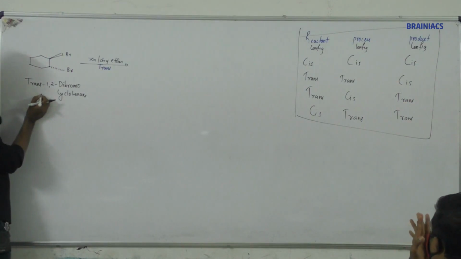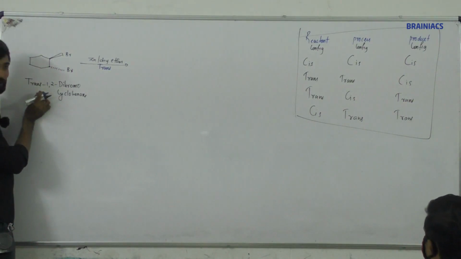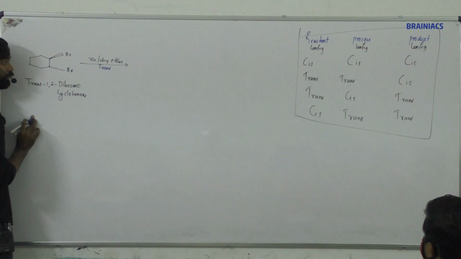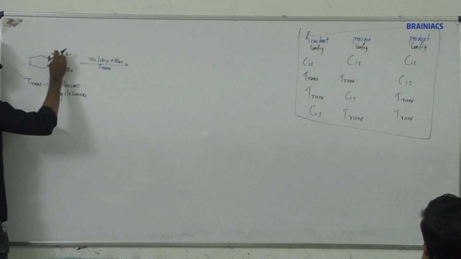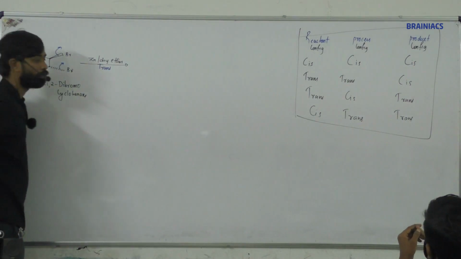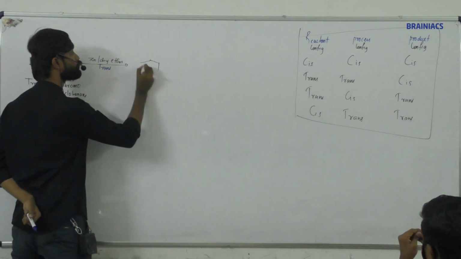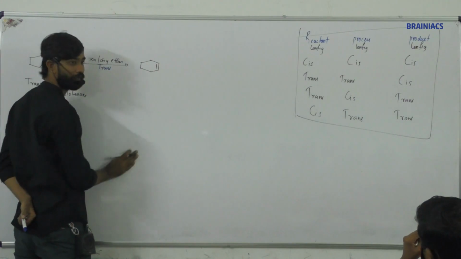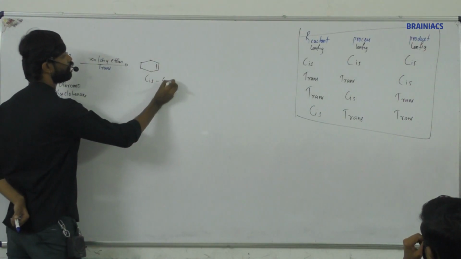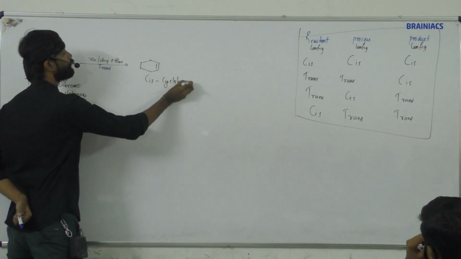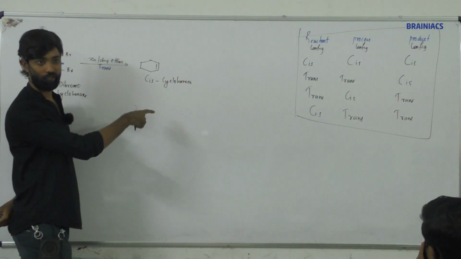This molecule is trans. The process is trans. You simply remove these two bromines and make a bond, and that bond should be in a cis pattern. So this is cyclohexene.